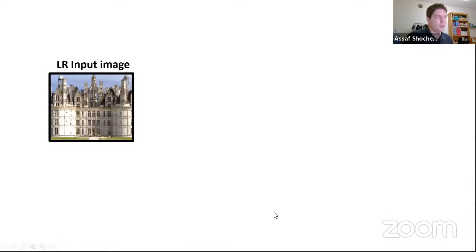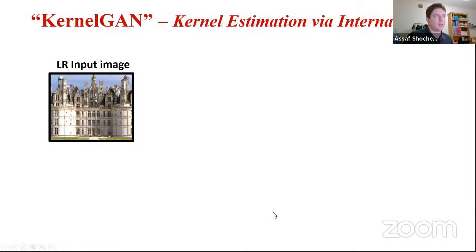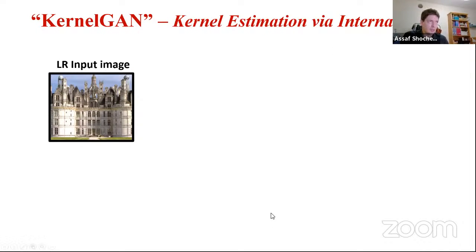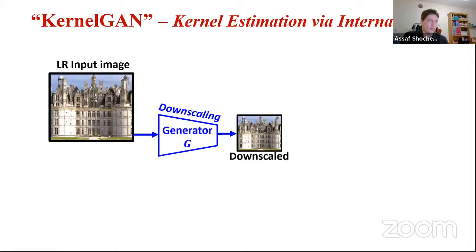We were looking into doing this using an internal GAN. By this time, we had our work called InGAN, and also SinGAN from Tamar Rott Shaham, Tomer Michaeli and Tali Dekel, and we were using an internal GAN in order to estimate the downscaling kernel.